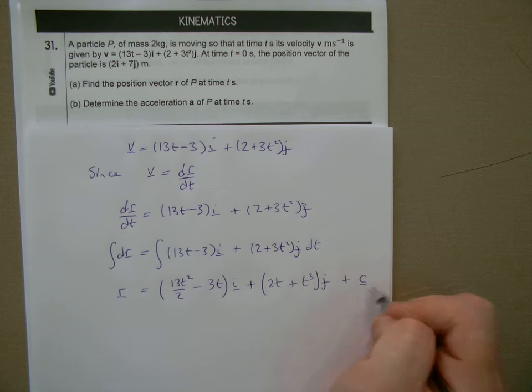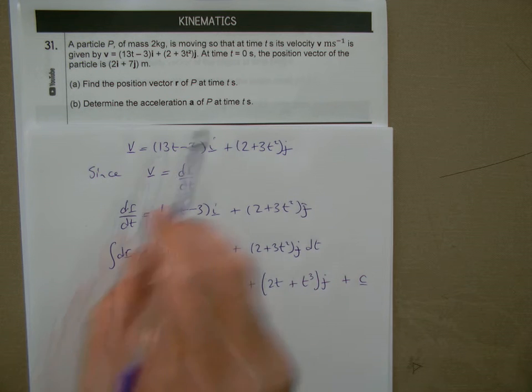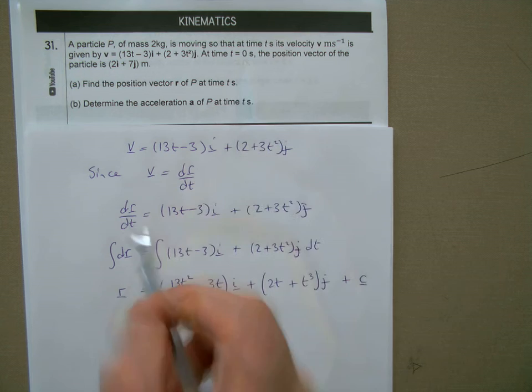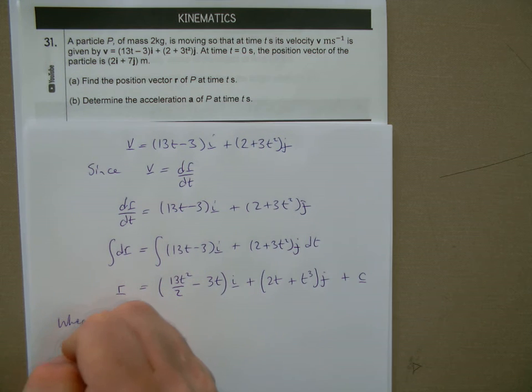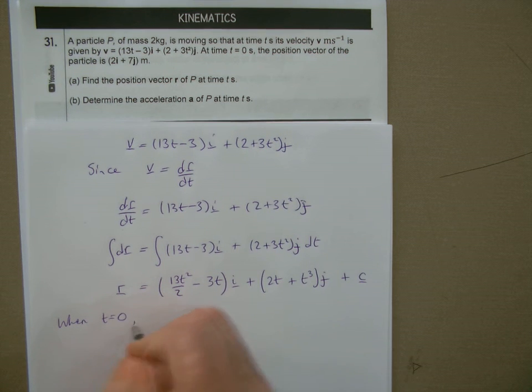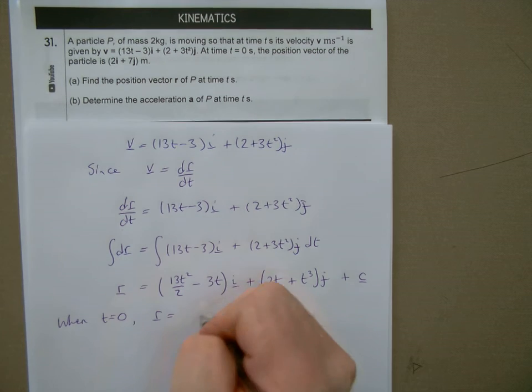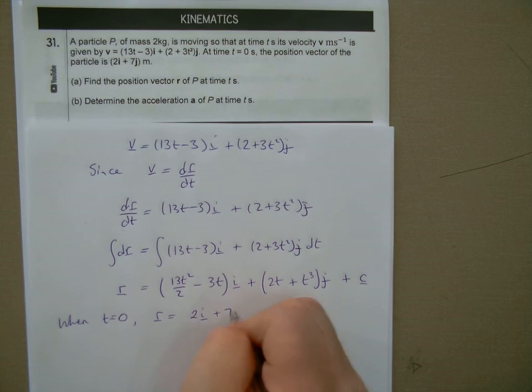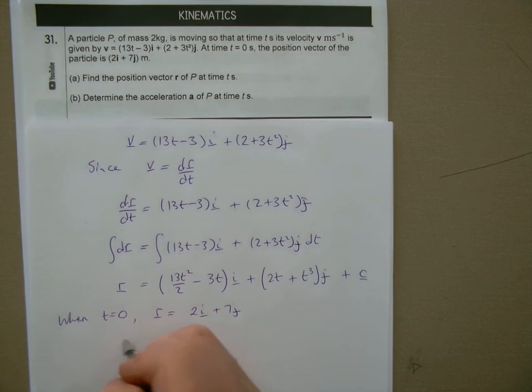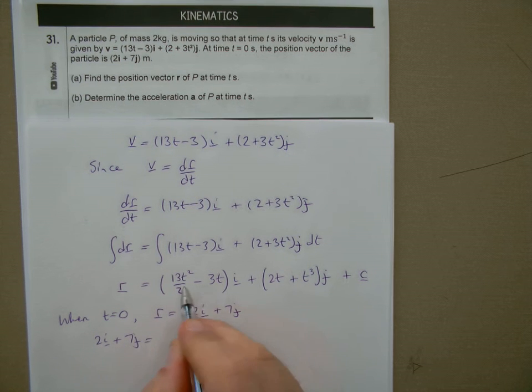The constant we can then determine, and it will be a vector, because if you look at the conditions, they say when t is 0, the position vector r equals 2i plus 7j, so you literally sub that in. Now t is 0, all this will vanish, so you get your c there.